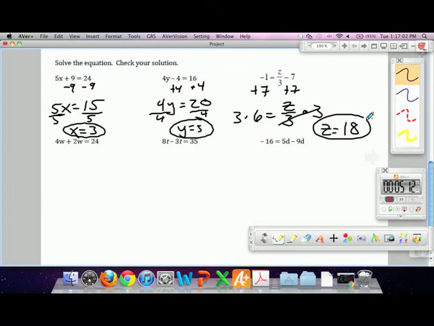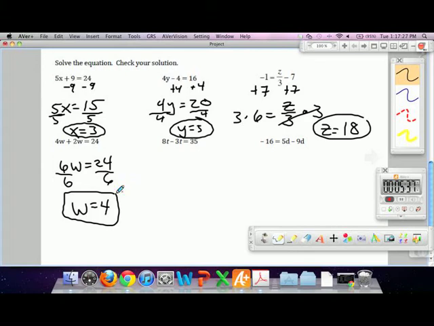How about this one? Is there anything to simplify on either side of this equation? Yes, we can simplify 4w plus 2w. What's 4w plus 2w? 6w. So you get 6w equals 24, and w is 4.